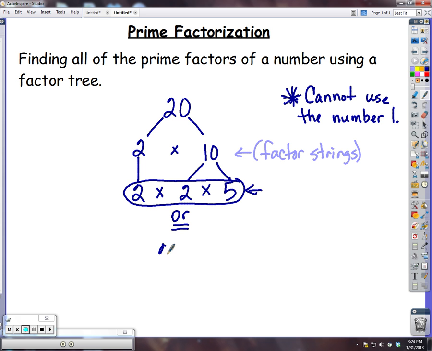This would be 2 to the second power times 5. My two base numbers I used are a 2 and a 5. Of course, for the base number 2, since I used 2 of them, it would be 2 to the second power, and I only used one base number of 5, so it would be times 5.